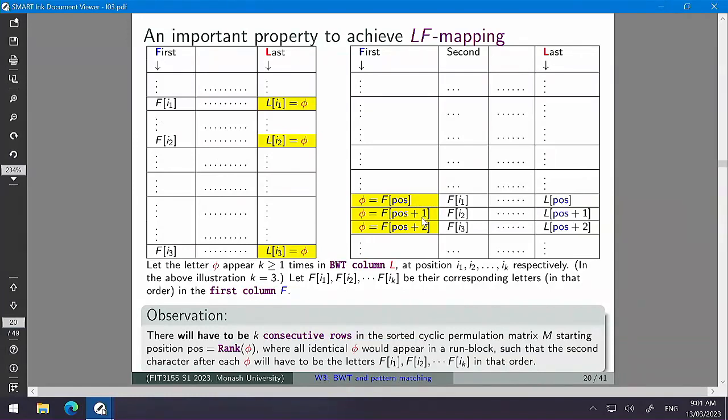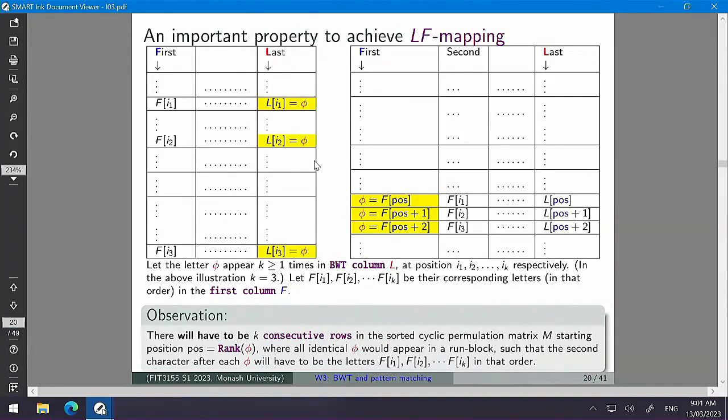It is because the fact that this came before this implies that there were some letters after the first column that made the order of one come before the other. So essentially the order is preserved when you have a bunch of letters here. The corresponding letters in the first column will have to be in the same order. Okay, does that make sense?